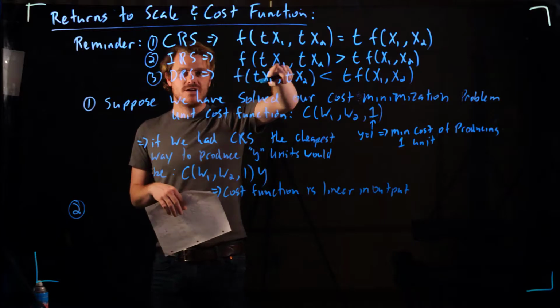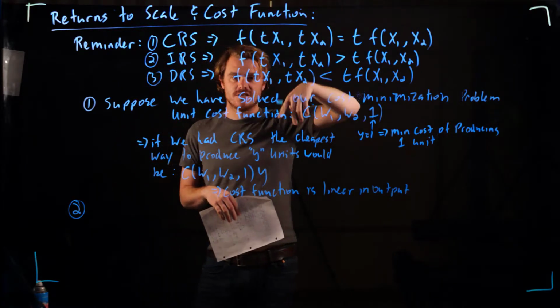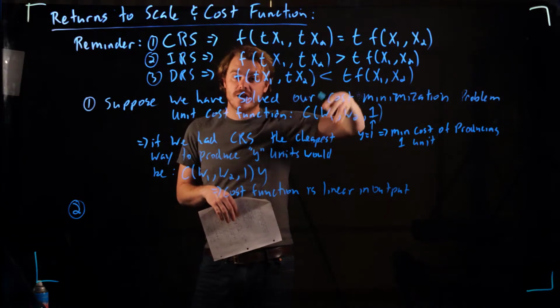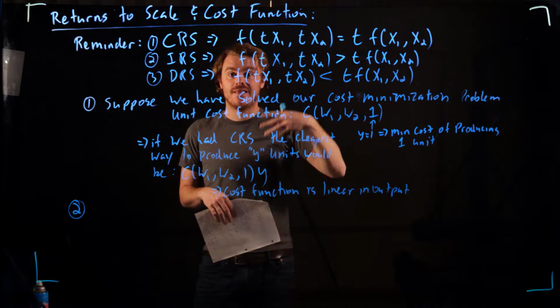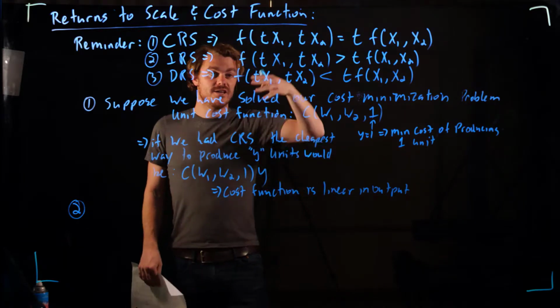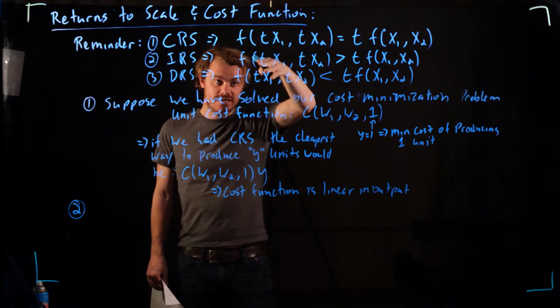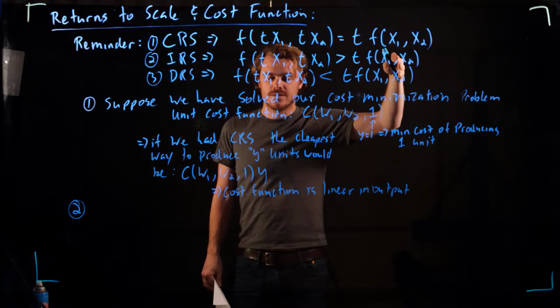If we have increasing returns to scale, then it's not going to be linear with respect to output. It's going to be less than linear with respect to output. As in, here we're doubling the inputs and we get more than double the outputs.